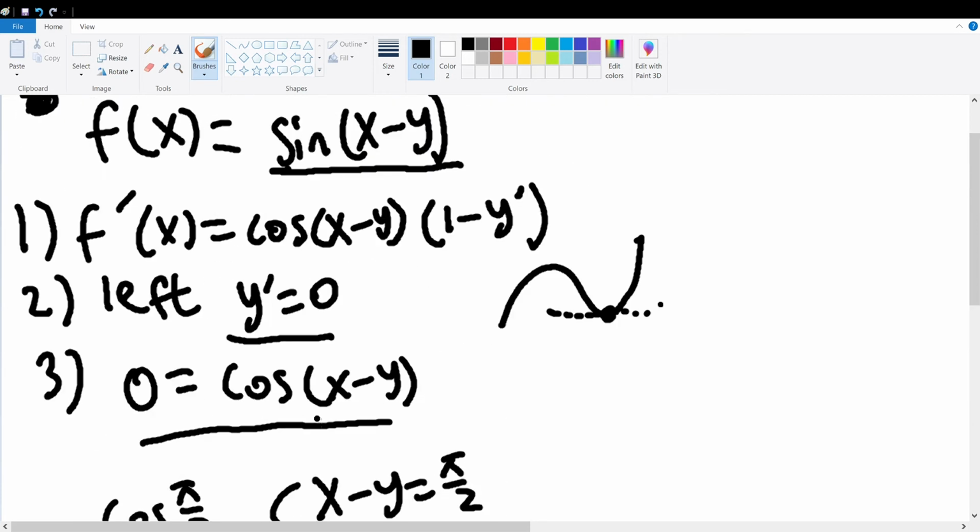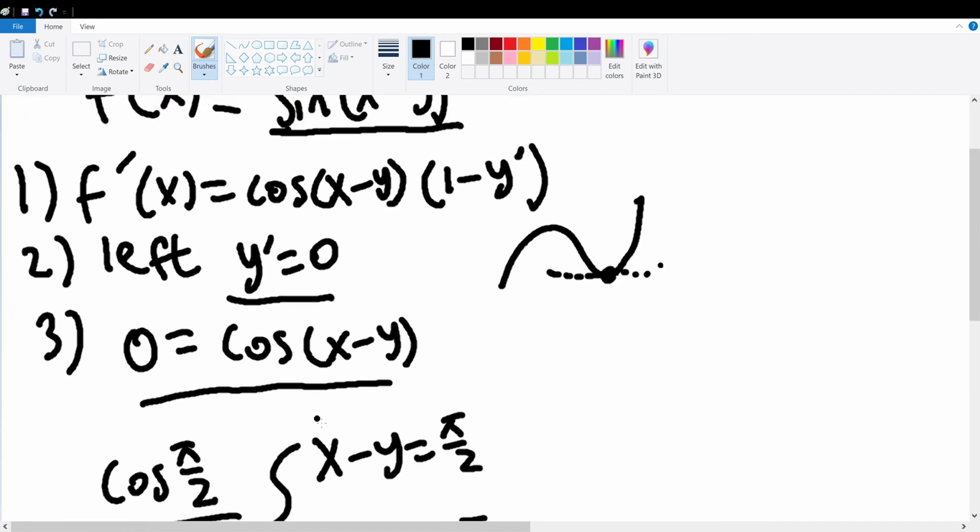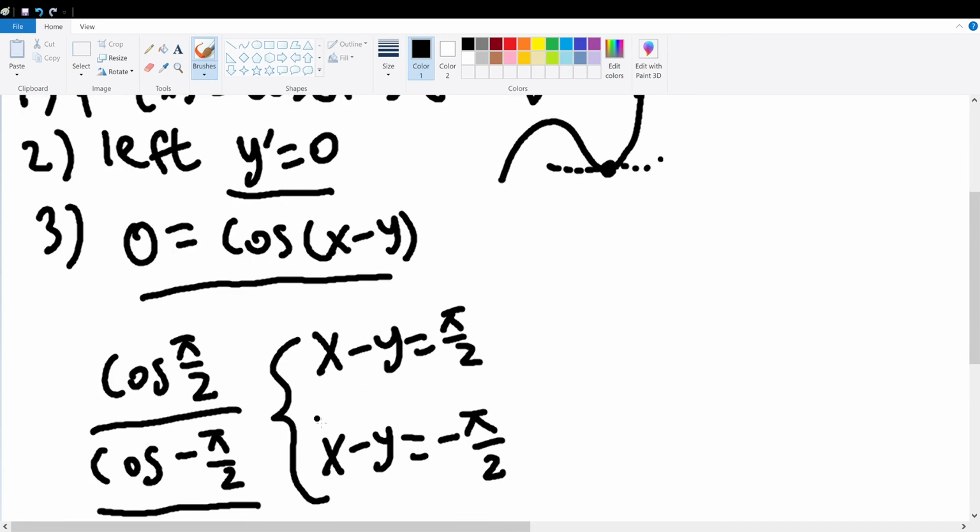But we also know from our original function, y equals sine x minus y. And we know x minus y equals pi over 2, so it equals sine pi over 2, which is 1.